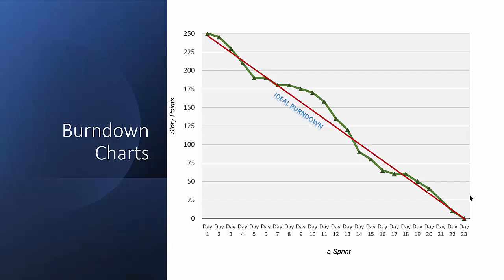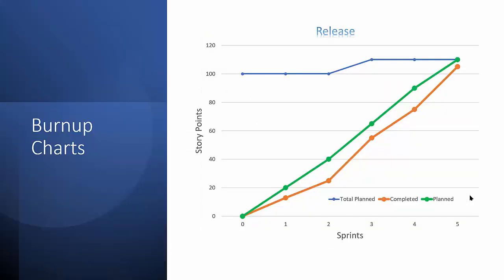These burn down charts are usually used to track the activity throughout a sprint, but we can use also a very similar logic, but the other way around, the burn up charts, in order to track activity throughout a whole release, throughout sprints.